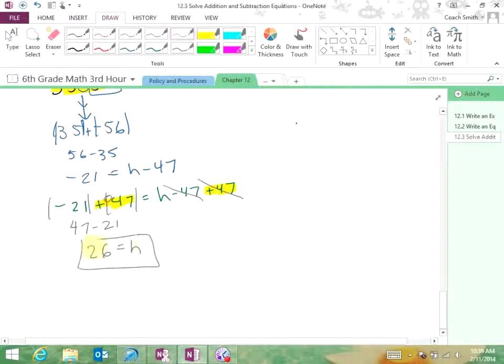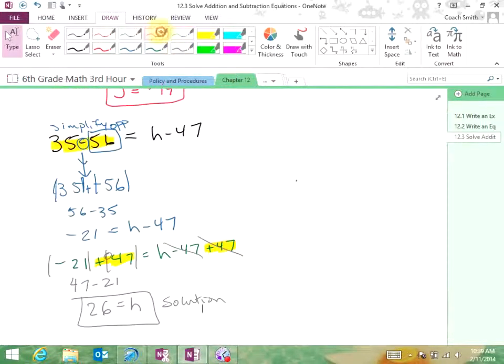And that is your solution. So this, once again, this right here was the simplify. This right here was the solving.